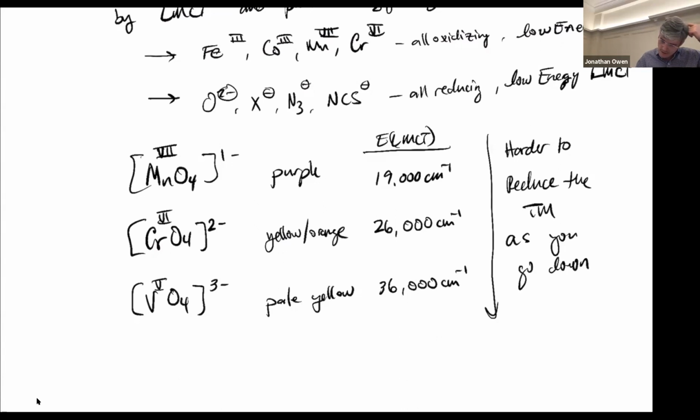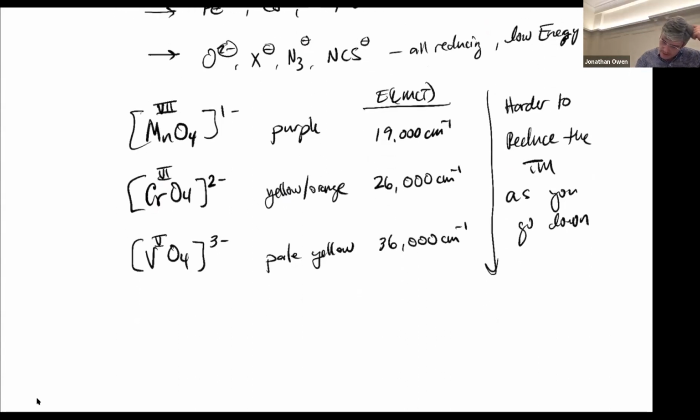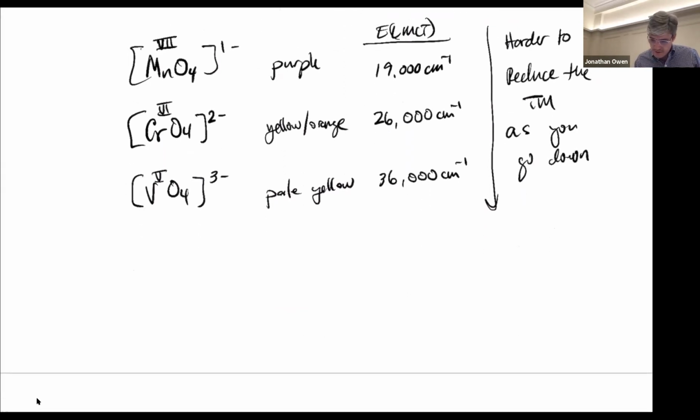Okay. Now, the color that's listed there is the color of the solution of the ion that you see. And that's a little bit counterintuitive because purple or blue is a high energy color. Yellow is a low energy color.